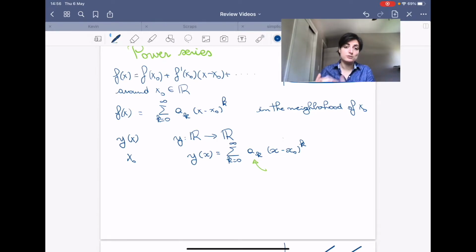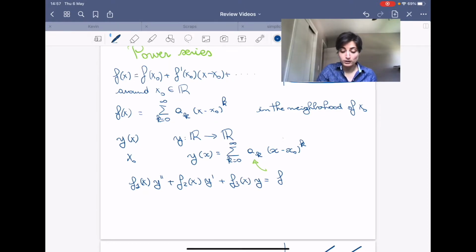And we want this to satisfy a given ODE. Something that would look like a function of x times y second plus another function of x times y prime plus another function of x times y equal potentially another function of x again.